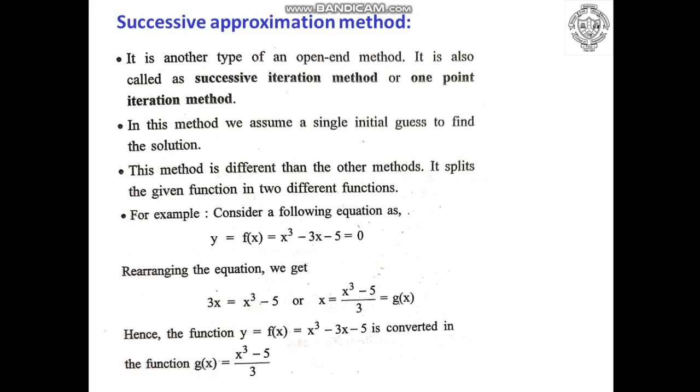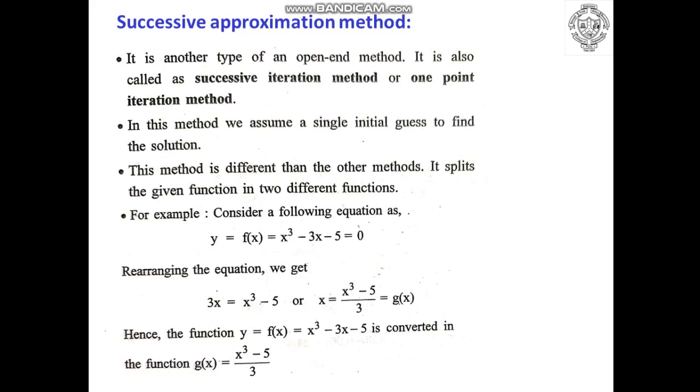This method is different from the other methods in that it splits the given function into two different functions. Let us consider one example where y is equal to f of x, and the equation is given as a function of x as x cube minus 3x minus 5 is equal to 0.